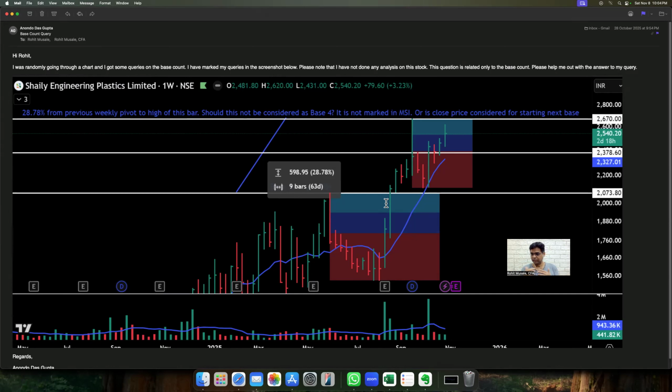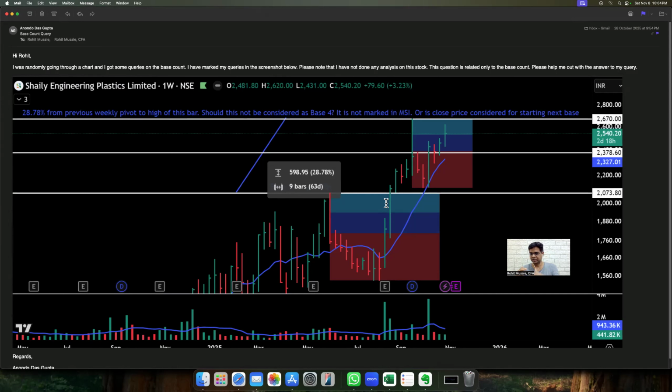And you should be very quick in booking the gain, because by the time the stock goes from base 1 to base 4, it could have gone up 100, 200 or more than 200%. You have to see from base 3 to base 4, is the stock extended? If the stock has gone from base 3 to base 4, but during that time it has traveled like 50 to 70%, or anything more than 25, 30%, then base 4 is a dangerous base to buy.